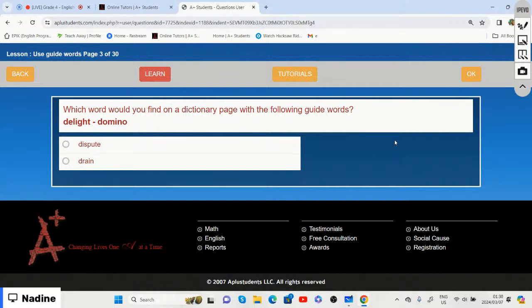It says, which word would you find on a dictionary page with the following words? We have delight and we have domino. Is it dispute or drain?